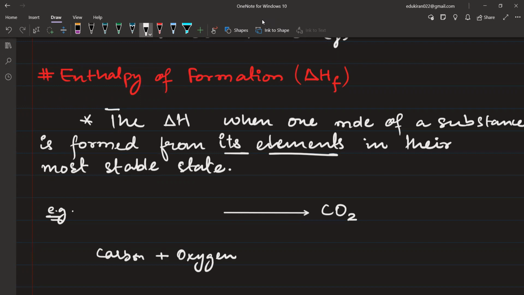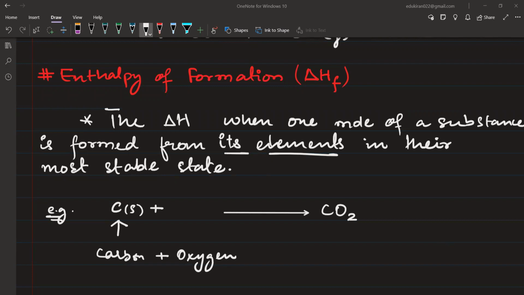कार्बन का मोस्ट स्टेबल स्टेट क्या होता है बताइए जरा. आप लोगों को शायद नहीं पता हो. It is carbon solid, ग्रेफाइट. कार्बन सॉलिड ग्रेफाइट. What about oxygen? ऑक्सीजन का क्या होता है? What about oxygen?